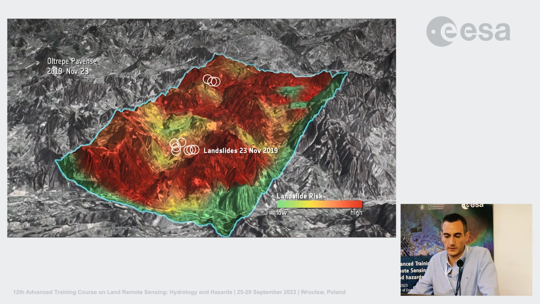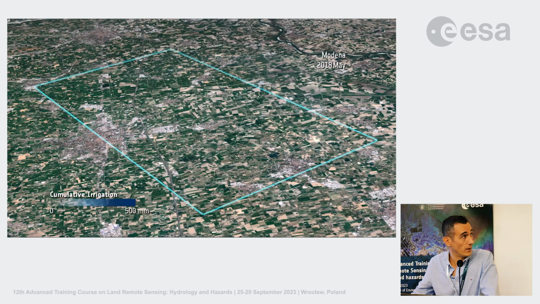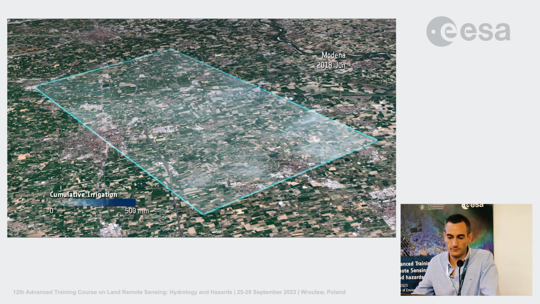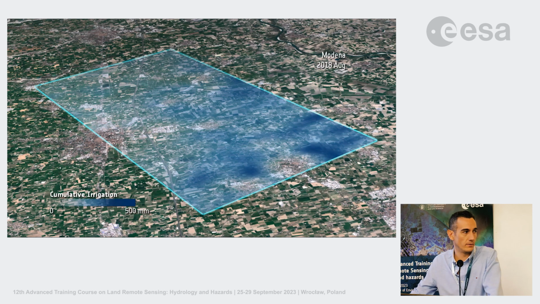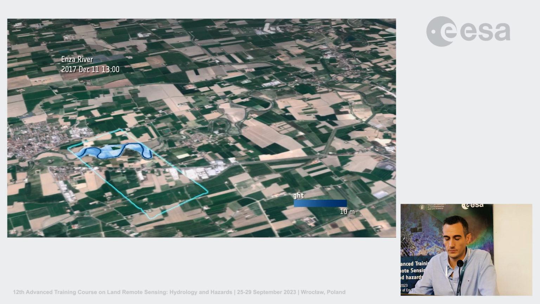Here there are some landslides that actually occurred and match the risk we have highlighted. There is the irrigation module, where with the soil moisture based inversion approach we saw yesterday, we are able to map irrigation water use.